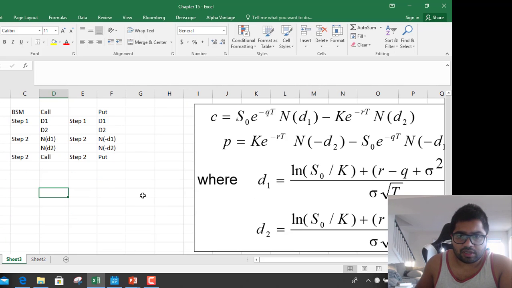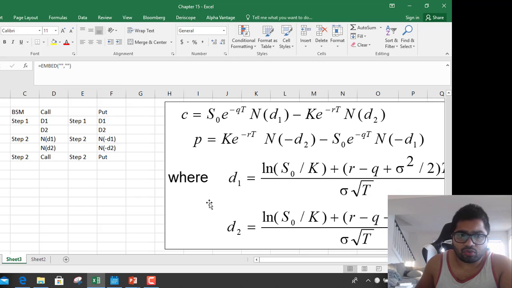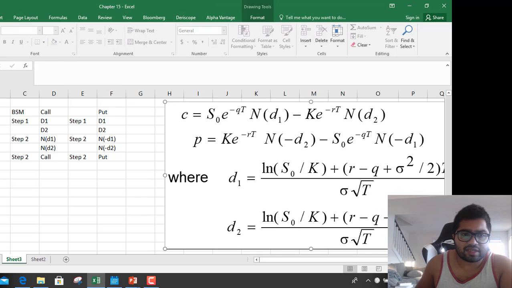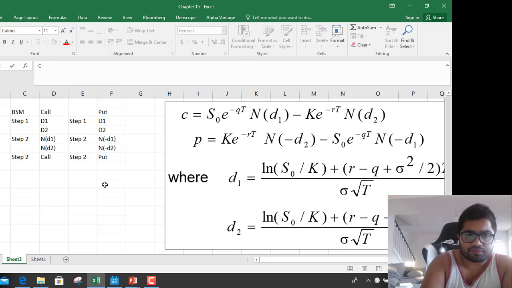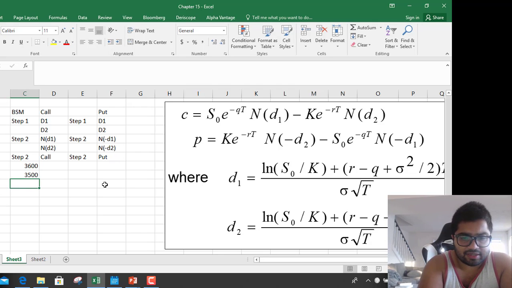So let's try and do few problems. So few things are given to you. So S0 is known for the index 3600. Then let's say K is known for the index 3500. R is known, risk-free rate, that is 4%.